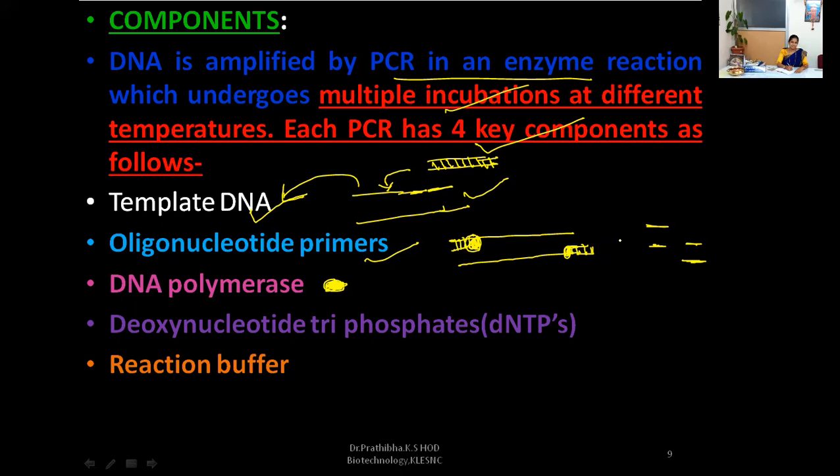DNA polymerase can initiate extension only in a double stranded region. For example, if there is no primer attachment on the ends of the template DNA, the DNA polymerase cannot synthesize on the template DNA alone. It needs the double stranded initiation.